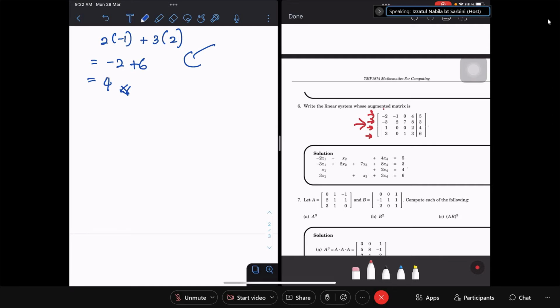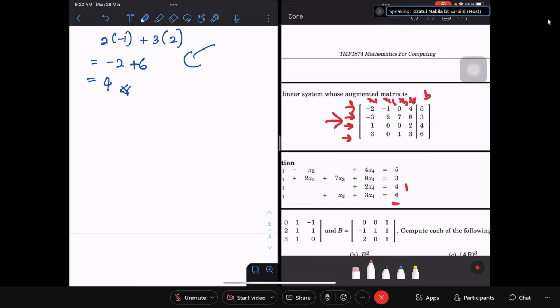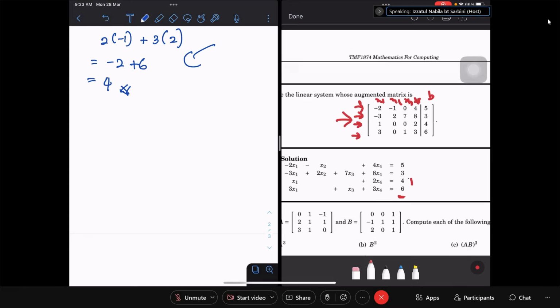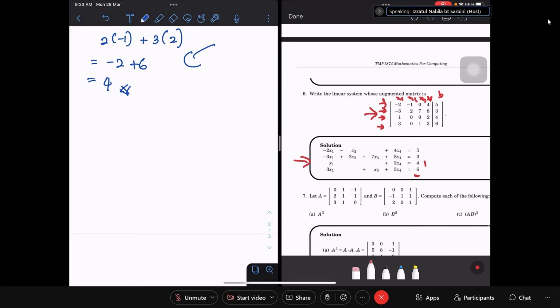The columns are the variables. So the first column is x1, x2, x3, x4. And then the last column is the answer, which is matrix B. Matrix B ni answer lah, answer of the equation. So 5, 3, 4, 6. So as long as you know that the rows are the equations, the columns are the variables, and the last column is the answers for the equations, you can just write it back into a linear system.